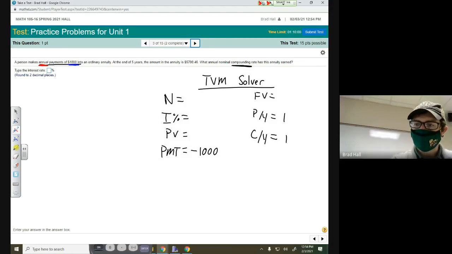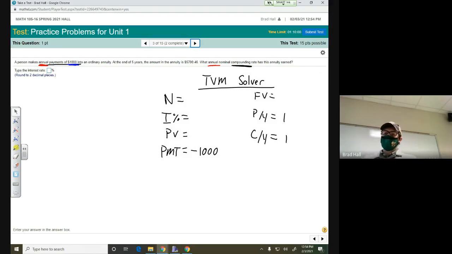There's another annual right there, which means we can get capital N: 5 years, compounding annually. Really, capital N is 5 times 1, which is of course 5. So you can put 5 times 1 or 5, doesn't matter.